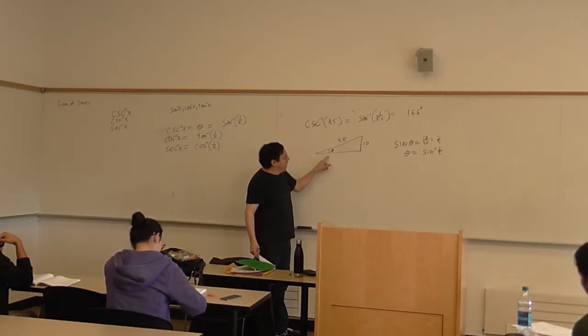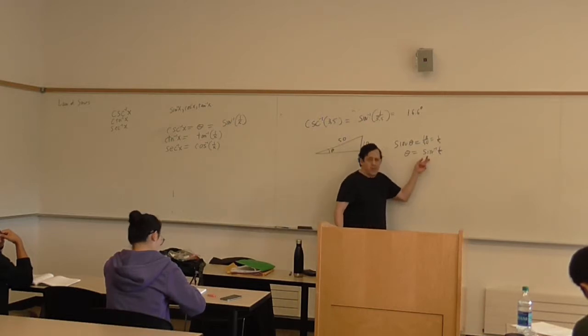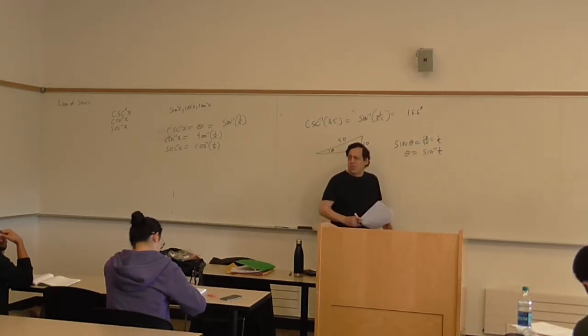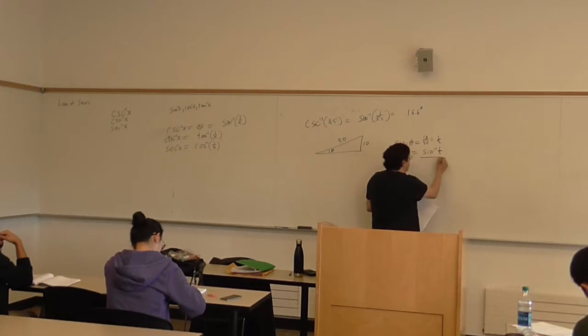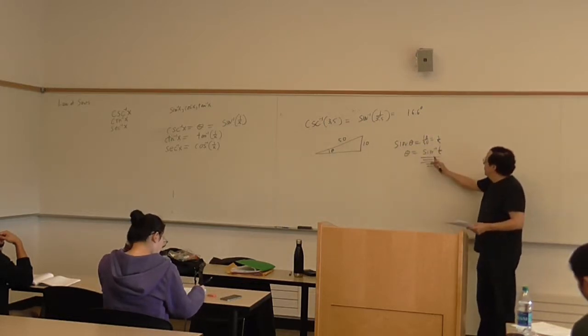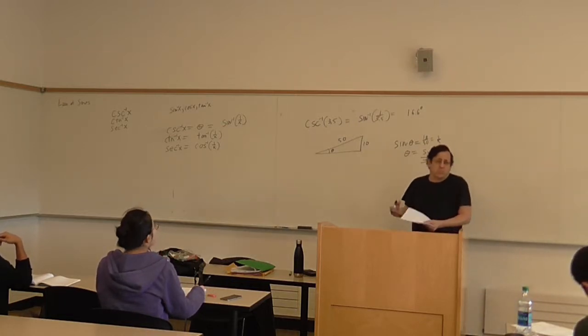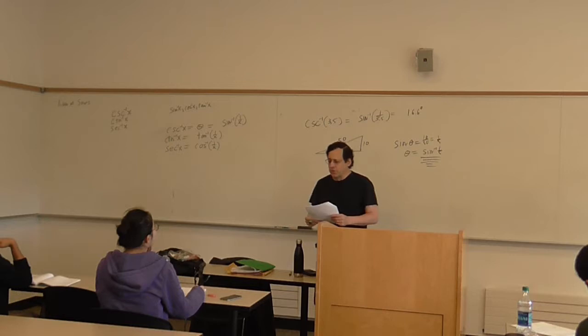I said, what's the exact value? Well, the calculator isn't going to give you the exact value. So this would have to be your response. It's the inverse sine of 1/5. That's an exact value. You can't write it out as a decimal.